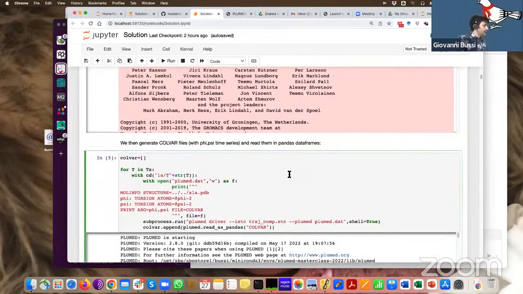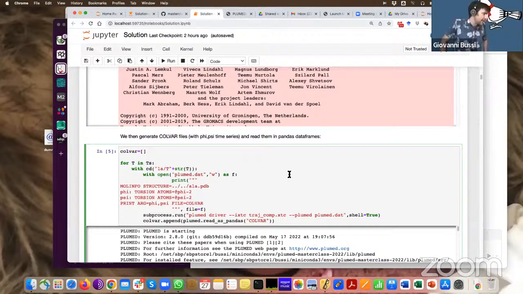So to analyze these simulations, I used PLUMED. You can do it in many different ways. I just know how to do this quickly, so I can easily compute from a given trajectory, this XTC file. You see I do a loop. I go to the directory corresponding to each of the simulations, and then I run PLUMED driver, and I compute a COLVAR file.